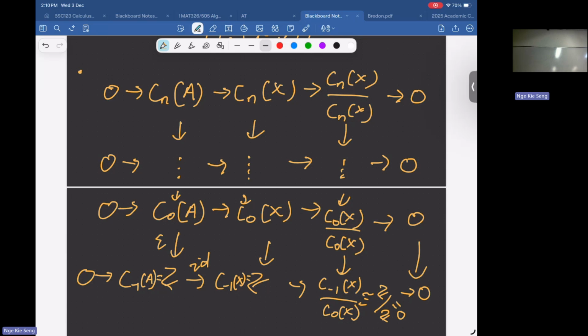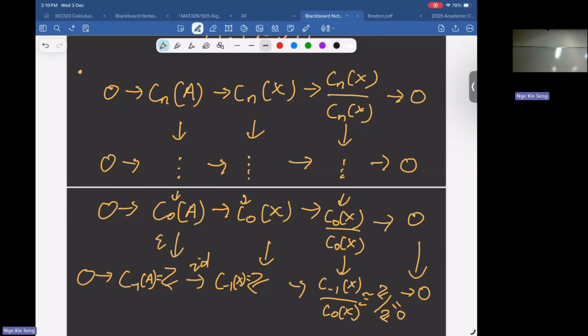It does make sense. If you include the chain in A into the chain in X, it's just the same chain, and then you compute the coefficient. The coefficient on the left is the same, so it's the same map. So it is the identity.